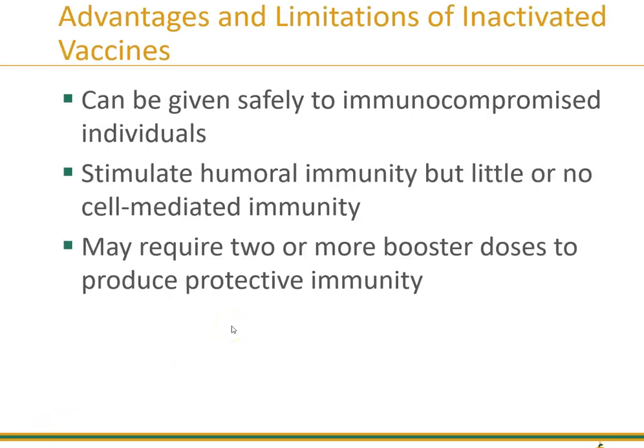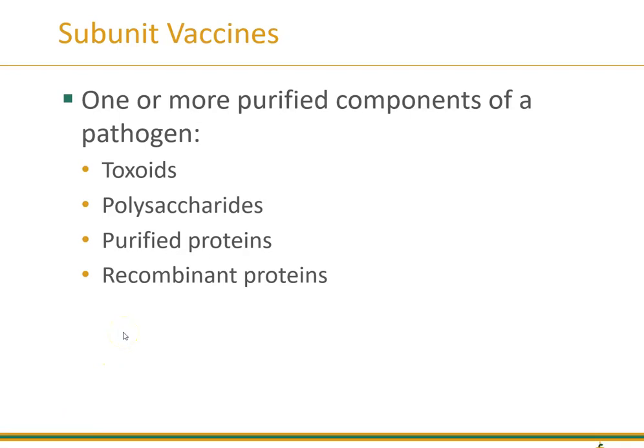They are usually safe to give to immunocompromised individuals. They will still stimulate humoral immunity, but not really cell-mediated immunity. And usually with these types of vaccinations, 2 or more booster shots are required to give protective immunity.